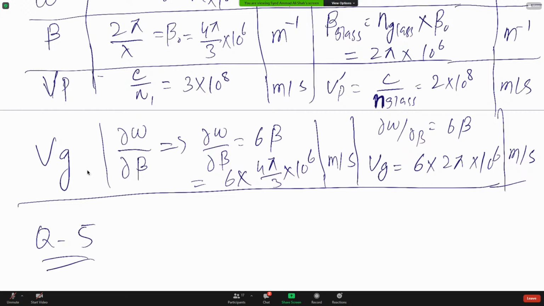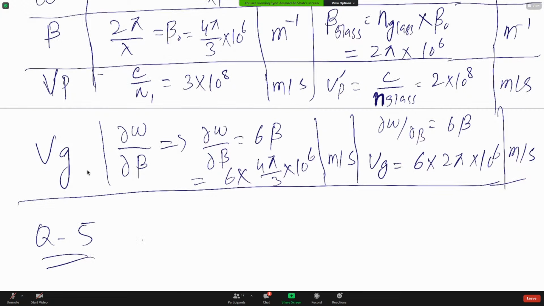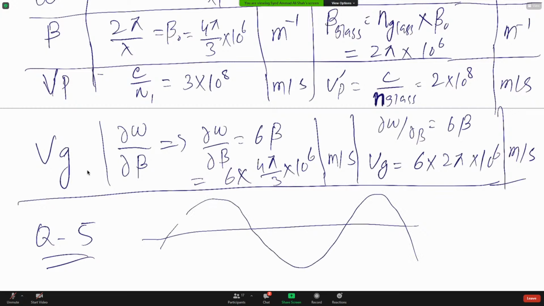Only if it is given. As expressions they look the same, Vp and Vg, but when we calculate them, these two things are very different. Let's say you have this bigger wave, and you have these small waves. This envelope is made of these small frequencies, or different waves.